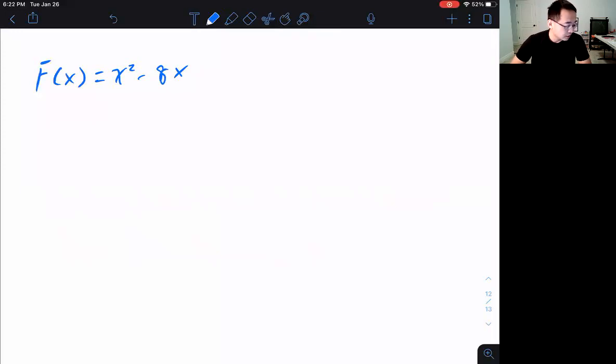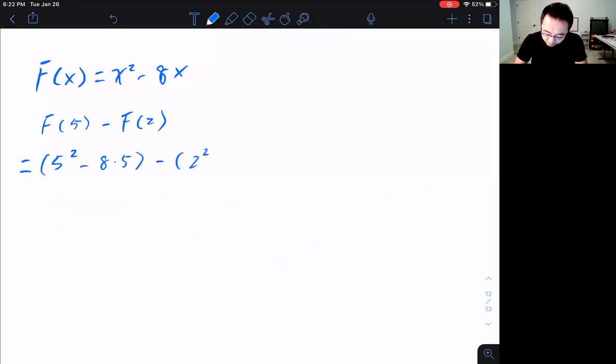And then what if I want you to find what is f of 5 minus f of 2? Well, you just plug 5 into the functional form and then plug 2 into the functional form and then subtract each other. So this equals 5 squared minus 8 times 5 minus 2 squared minus 8 times 2.